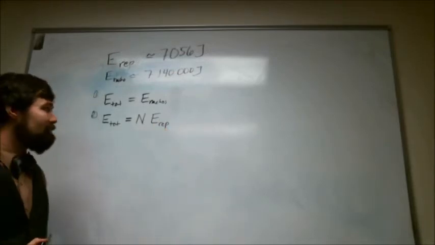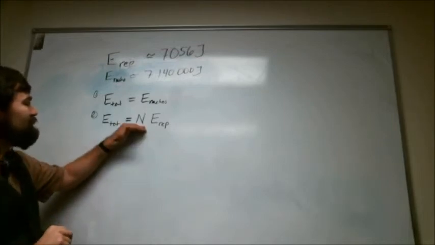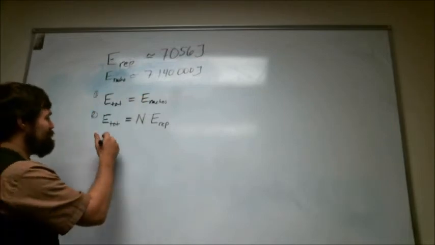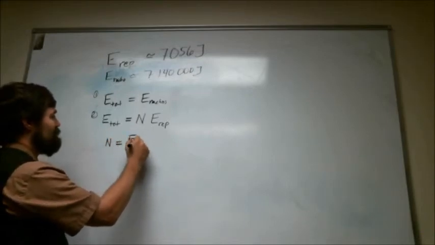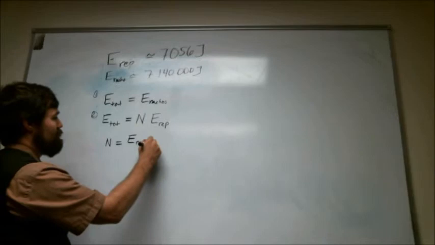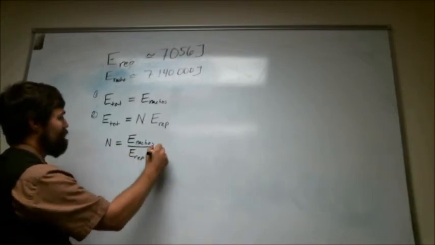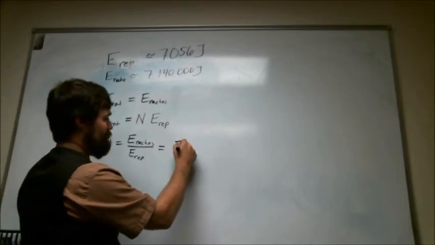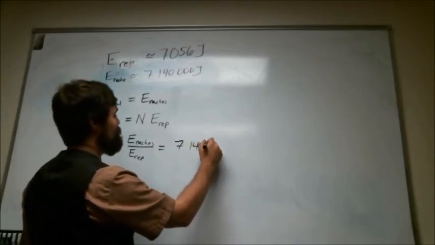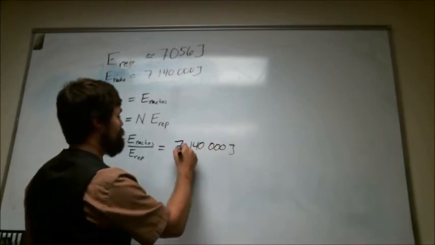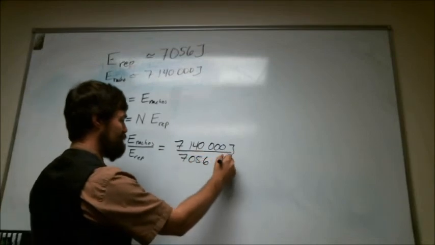So you can put these 2 equations together to solve how many reps he needs to do in order to burn off those nachos. So N is going to be E nachos over E rep. So 7,140,000 joules divided by 7,056 joules.